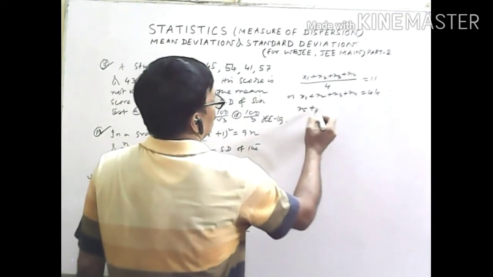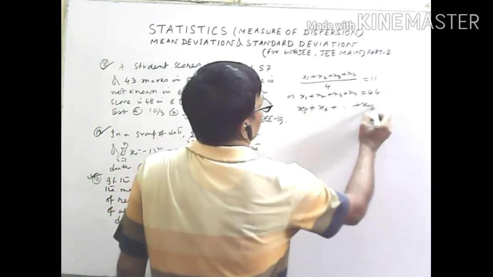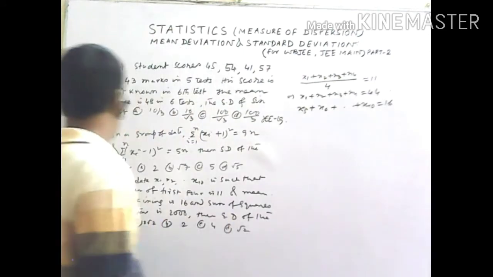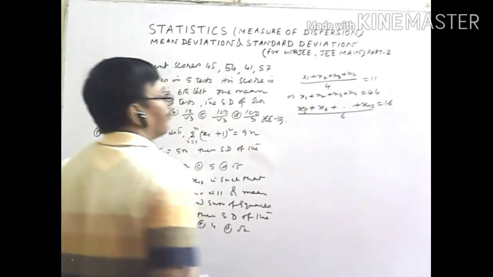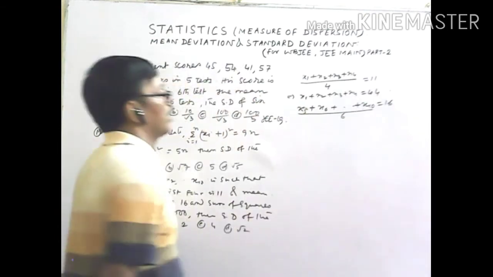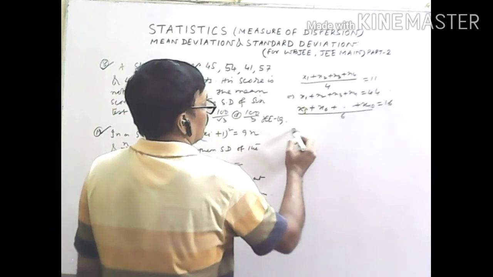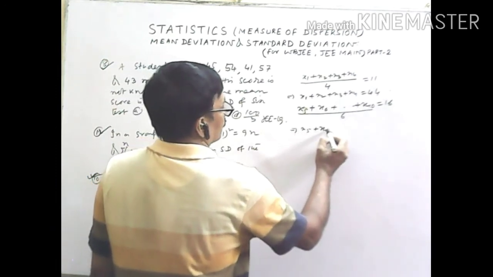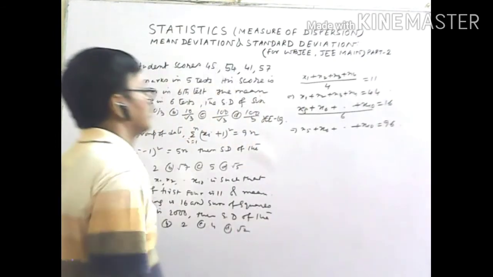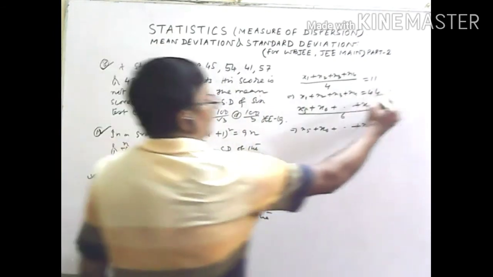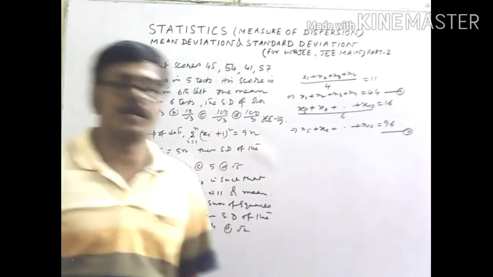Now, the mean of the remaining is 16. So x5, x6 up to x10, divided by 6, equals 16. So what we are getting? x5 plus x6 dot dot x10 equals 96. So if we add these 1 and 2, we get summation xi.